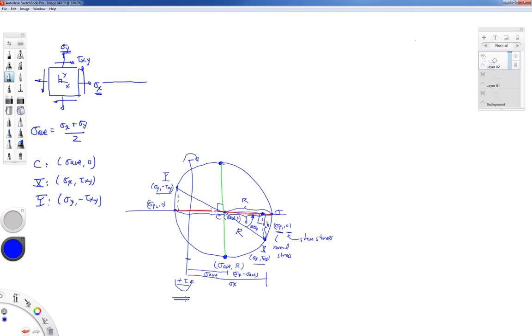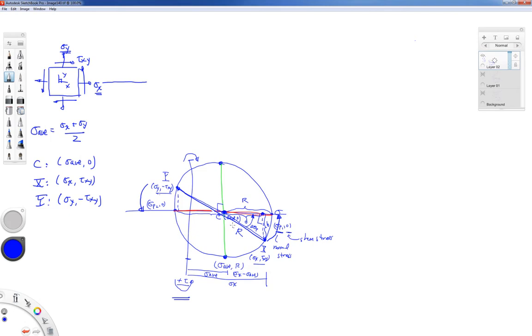And so what I mean by the sense of rotation is, look at this diameter that goes from the x to the y point. Think of this diameter spinning about the center of the circle and clicking into the red diameter location. So we're going to take this x point and it's going to travel this way, and the y point is going to travel from its position this way.